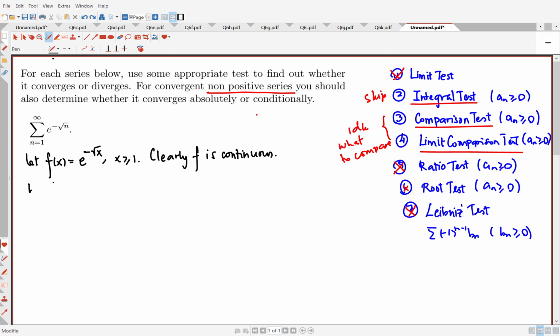And for any c positive, x plus c is always more than x.